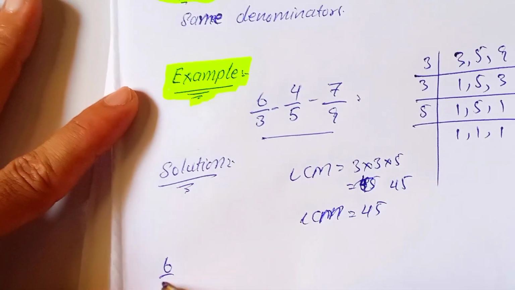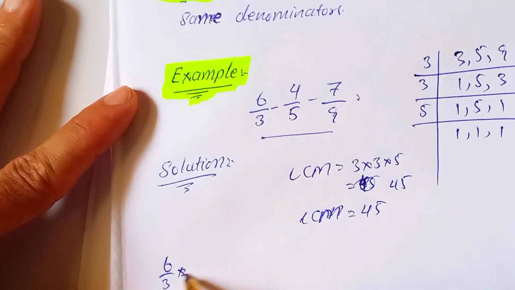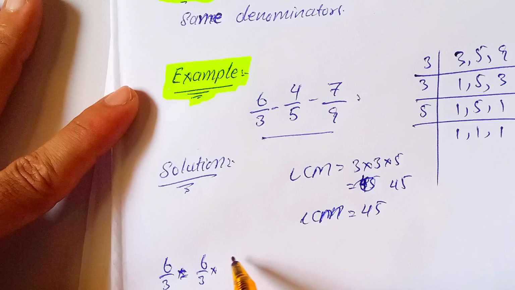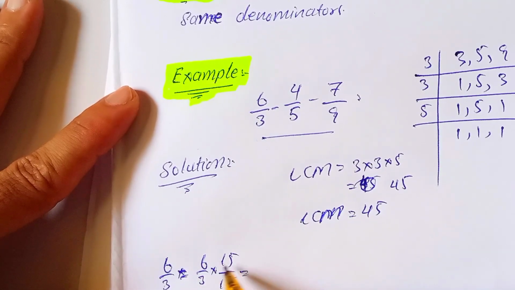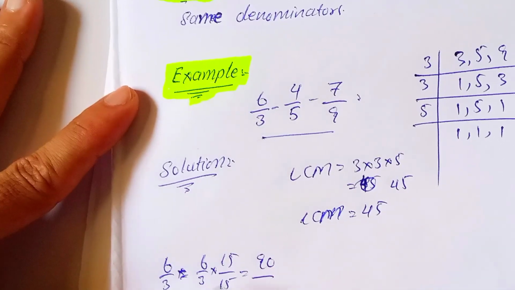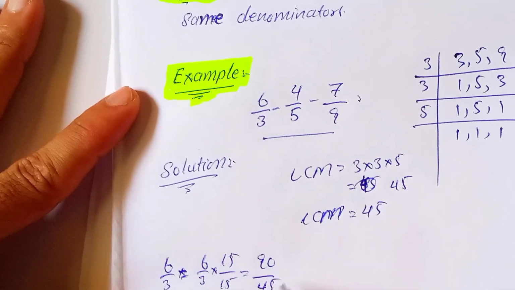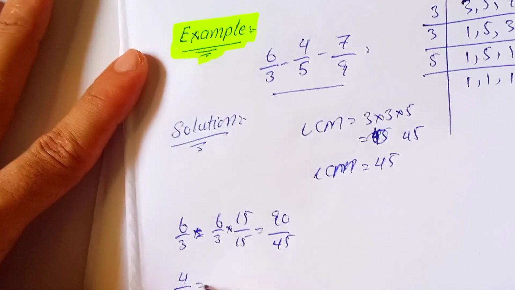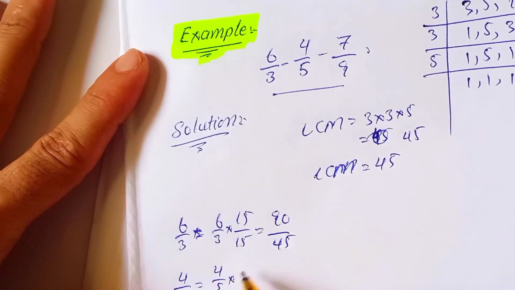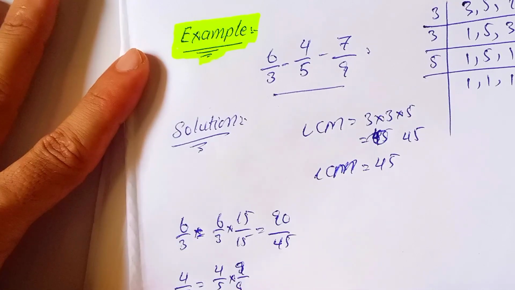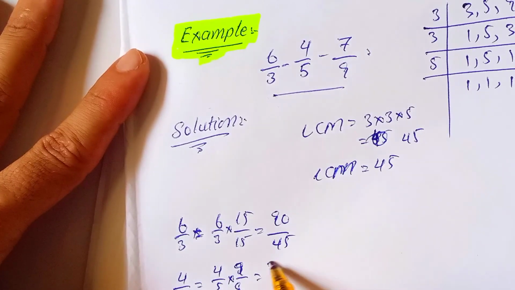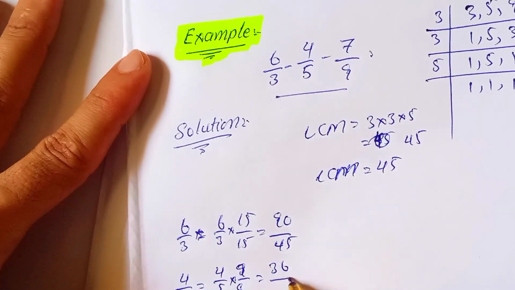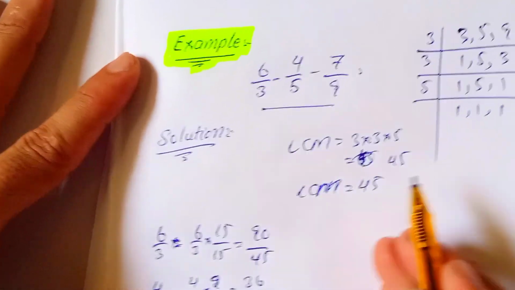So 6 over 3 is equal to 6 over 3 times 15 over 15. So 6 times 15 is 90 over 3 times 15 is 45. 4 over 5 is equal to 4 over 5 times 9 over 9. 9 times 4 is 36, and 9 times 5 is 45.